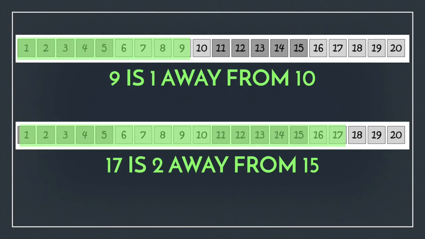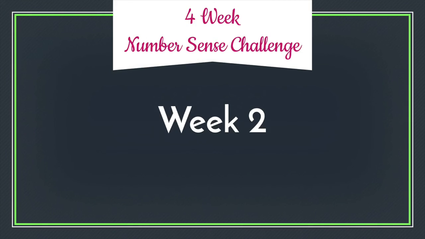So between number paths, number lines, ten frames, and Rekenreks, I hope you've seen some ways that you can structure amounts to help kids see the relationships to the benchmarks of 5 and 10. And that's what this week's challenge is all about.